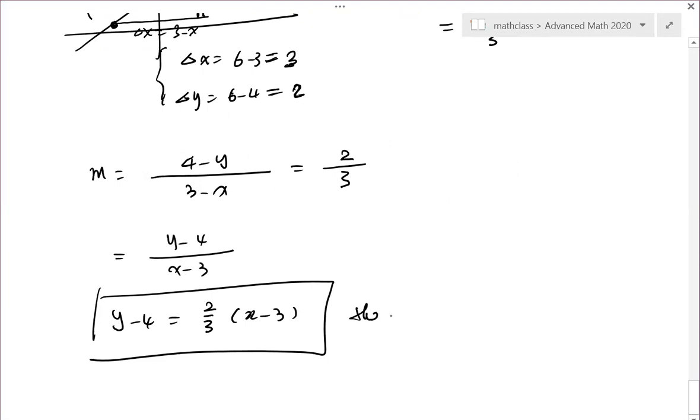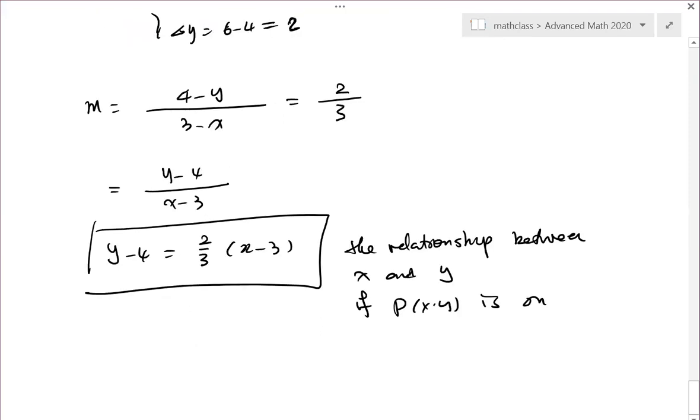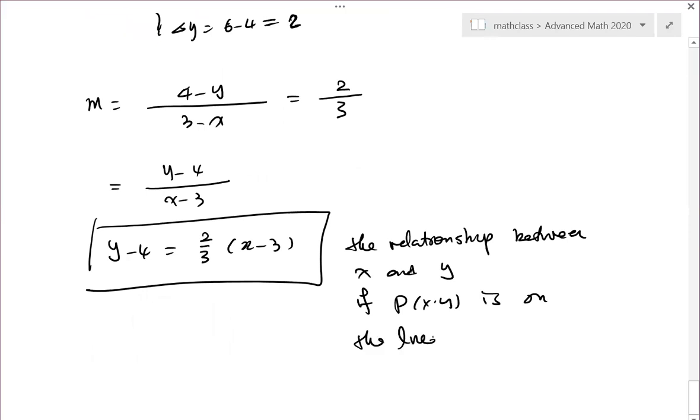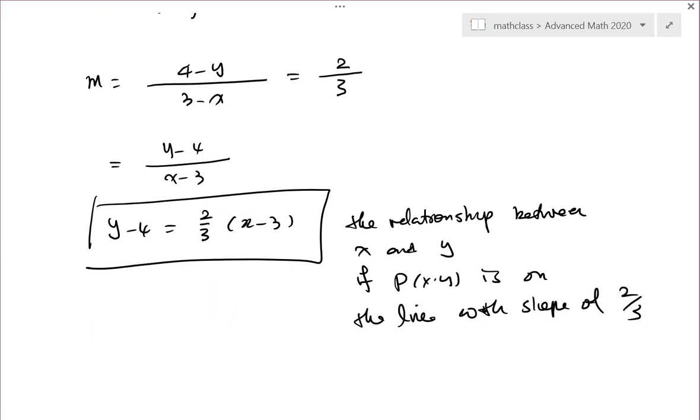So this is a relationship between x and y if P, with coordinates x and y, is on the line with slope of 2 over 3.